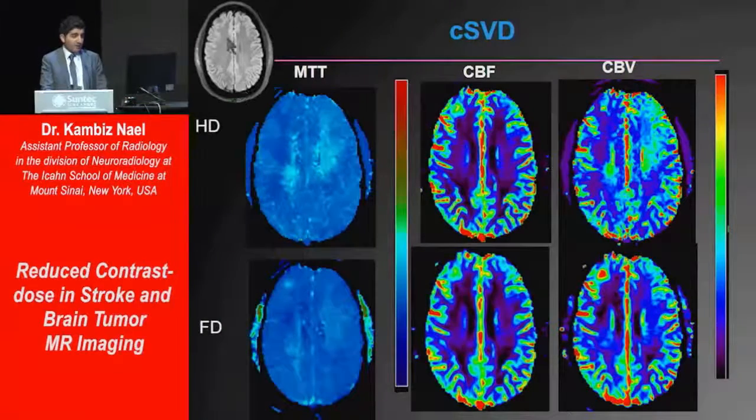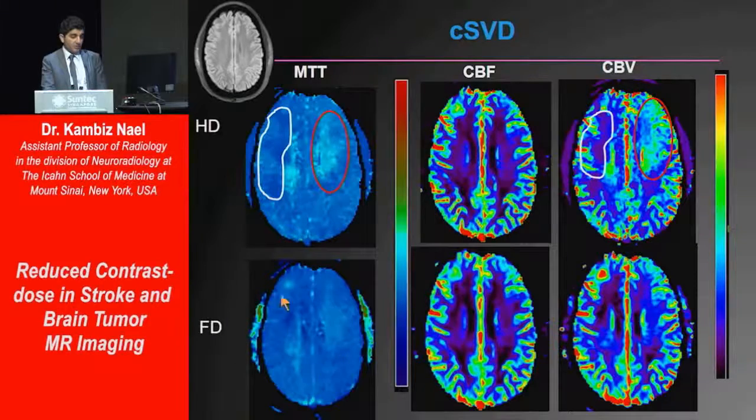So this is basically another case that was scanned. I have the corresponding FLAIR image here for you, and these are mean transit time, cerebral blood flow, and cerebral blood volume, performed with half dose and full dose, all of which processed with CSVD. And you can see that there is some heterogeneity in the mean transit time maps. There is some overestimation of MTT in the left side. And look at the cerebral blood volume. Again, some overestimation of CBV, which you don't see really in the full dose group.